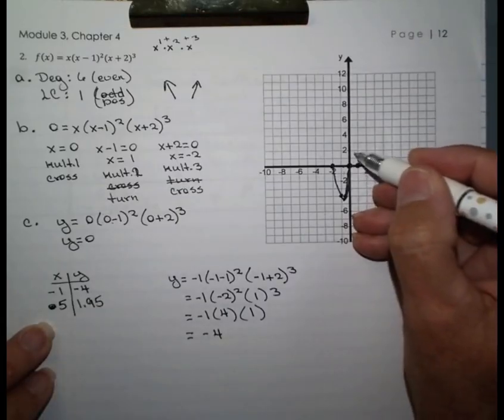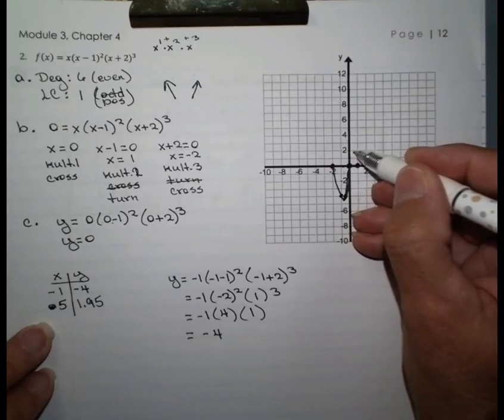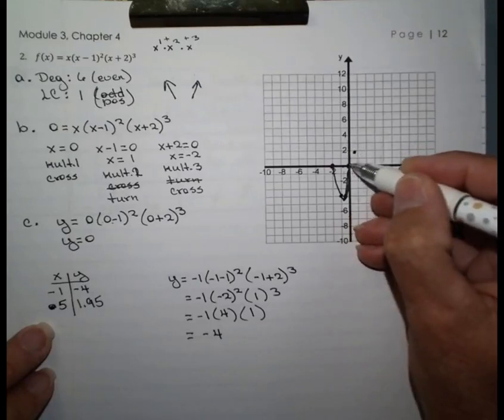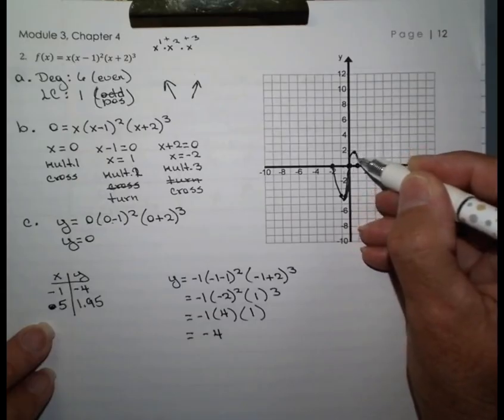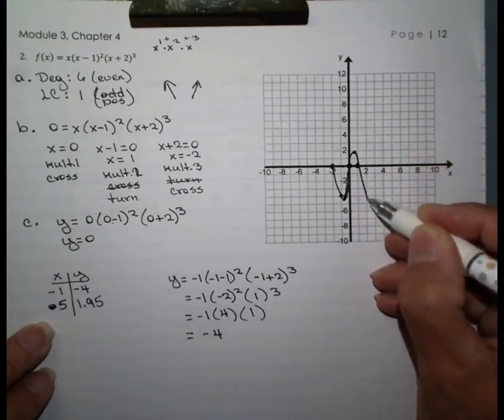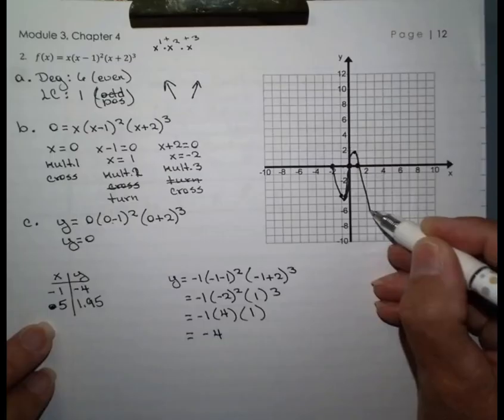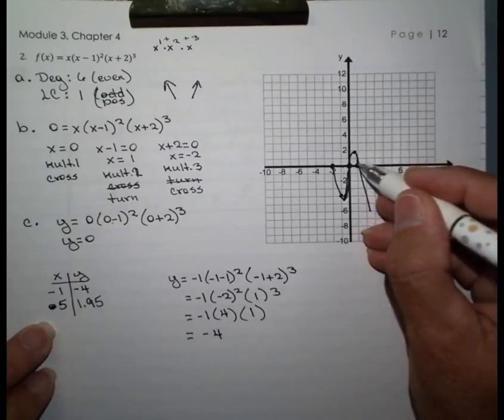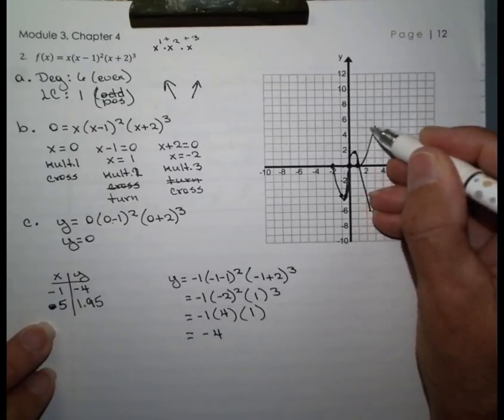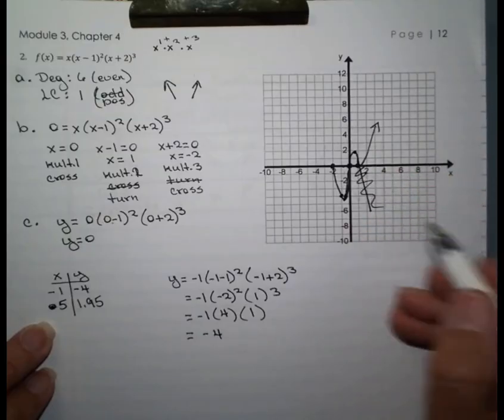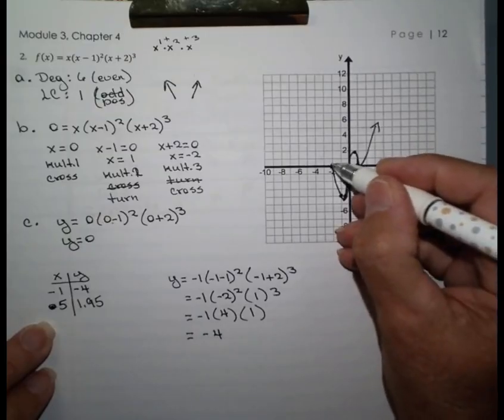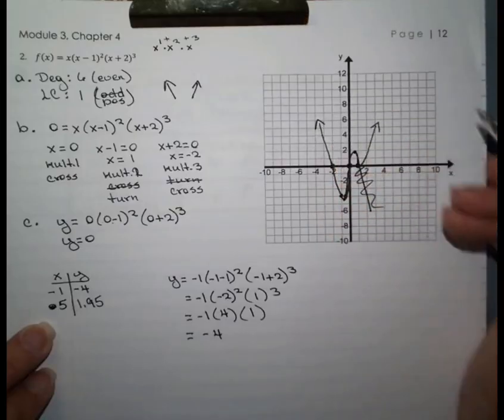So 0.5, 1.95 is going to be right up here somewhere. I know that's where it's going to turn, as I've already kind of seen with my graph. It goes back through here, and at some point it just keeps on going down. Oops, I'm sorry. It touches and turns at that point and goes up, right? Ignore that. And at this point, this side has to just keep on going up too.